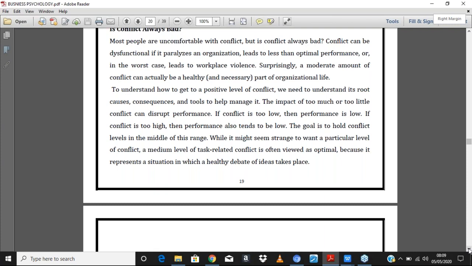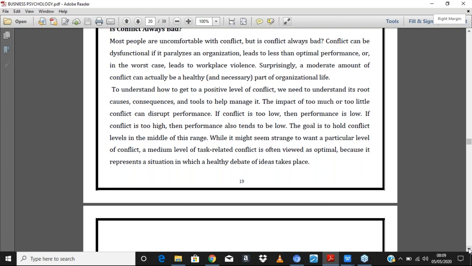Now, the truth is that within an organizational frame, we say sometimes that conflicts can be good. Why? Because conflict challenges us and helps us to see some other aspect that we might not see, an aspect that we are supposed to know and we do not know. So to understand how to get to a positive level of conflict, we need to understand its roots, consequences, and causes.